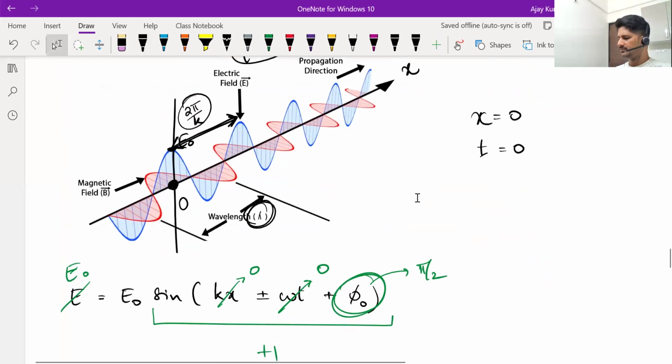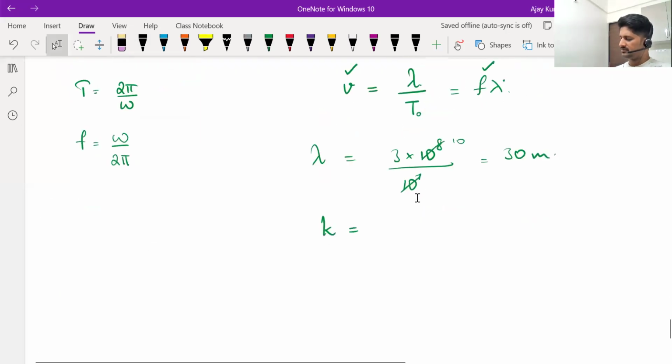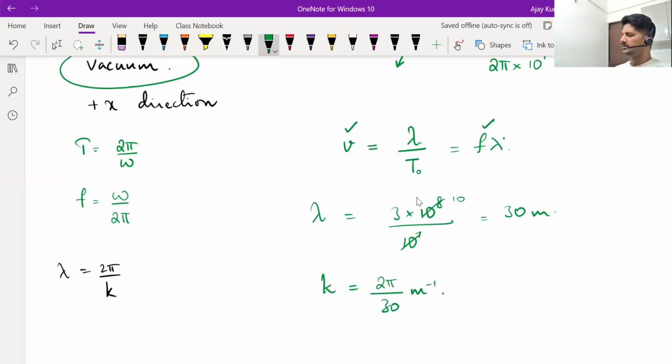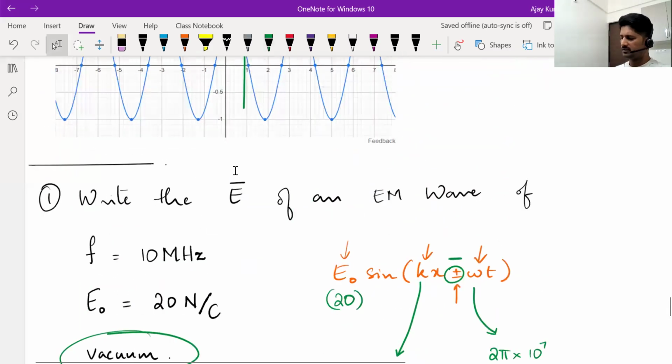Yes, sir. So lambda is 2 pi by K. Then K becomes 2 pi by lambda. You can just interchange them. And its unit will be inverse of length. Is it clear? Yes, sir. That way you can tell all the terms in the wave equation, and then you can write the equation itself.